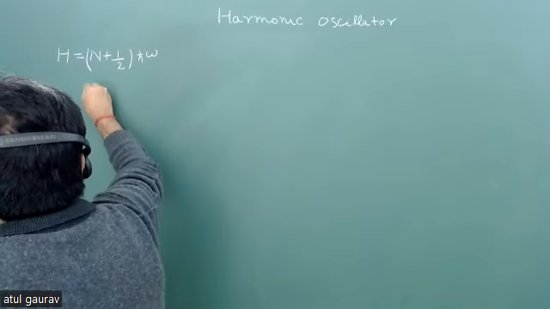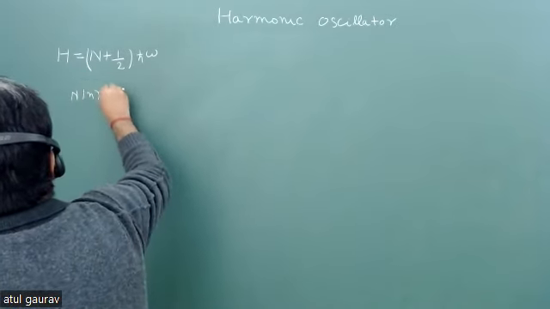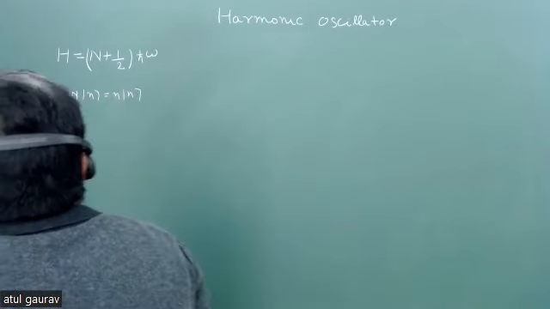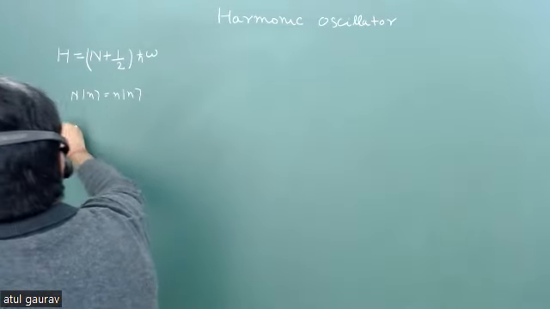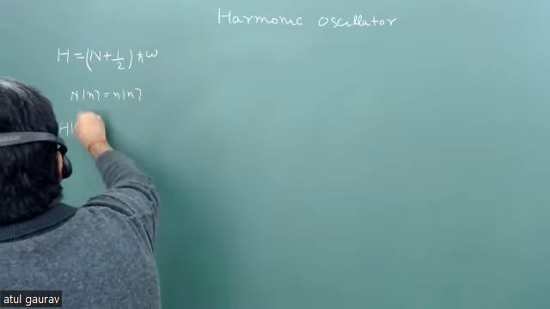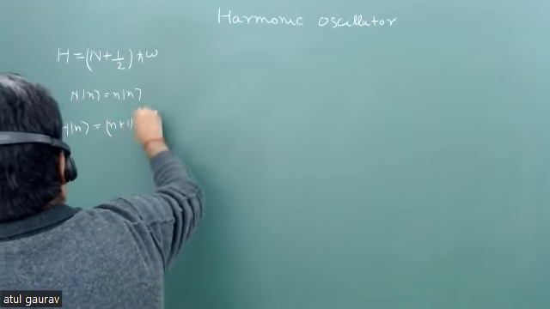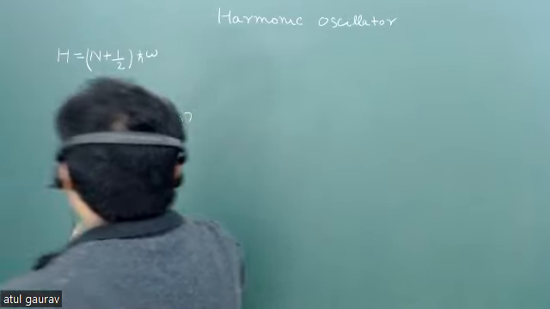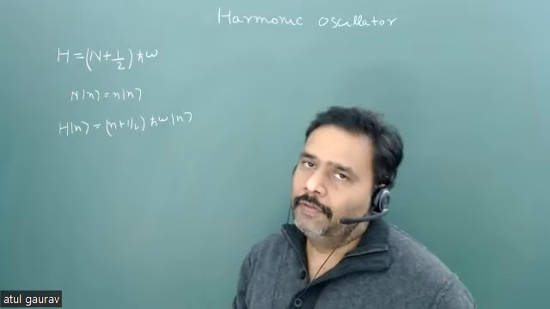So you can operate on |n>. What you will get? You will get n|n>. So n is the eigenvalue, and H operating on |n> gives (n plus half) h cut omega |n>, and this |n> is basically an eigenstate of the Hamiltonian also.